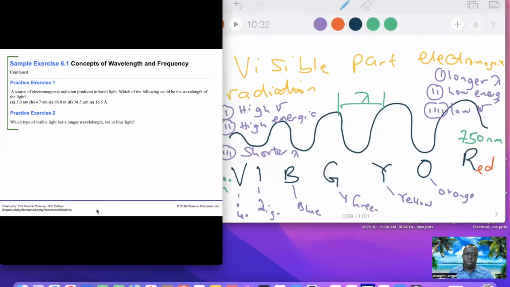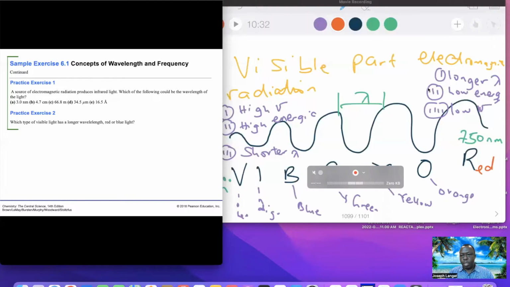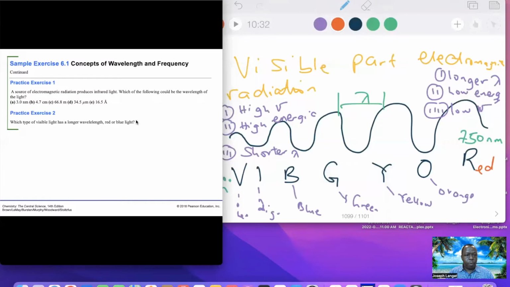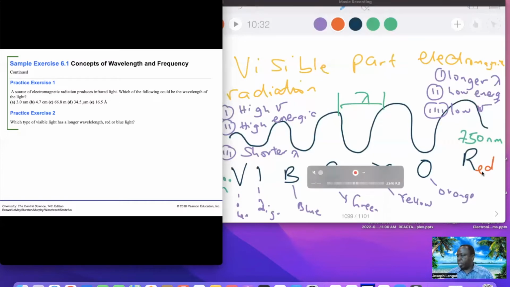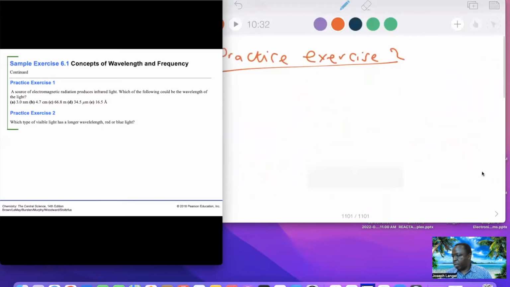So red and blue, look at this, longer wavelength. Blue is right here and red is here. So the one with the longer wavelength will be red.